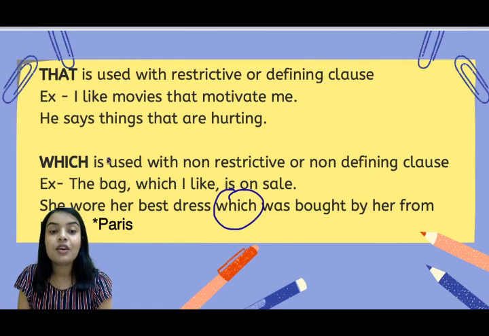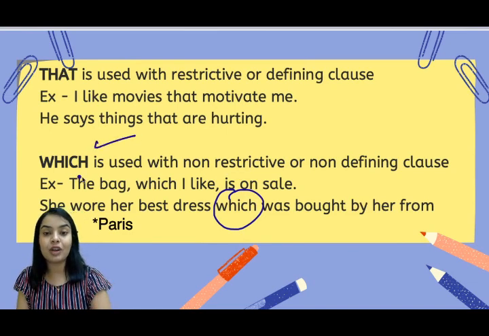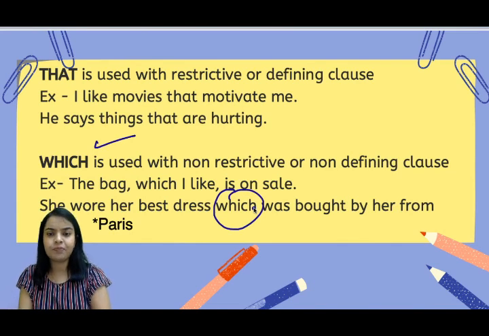In that case, which is used as a relative pronoun, because now my sentence is using a clause and that clause is non-defining. It's not needed. If I use it, well and good. If I don't, then also it's fine. So understand your sentence in that way.